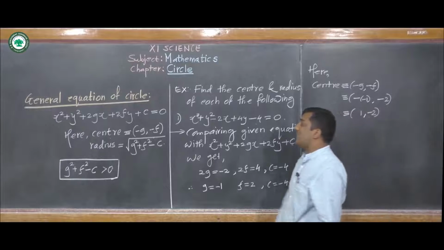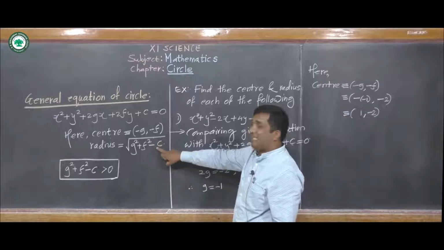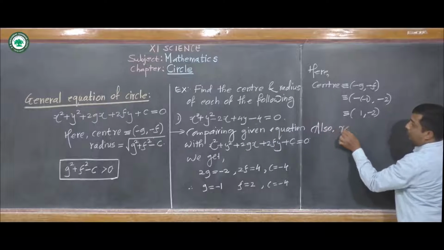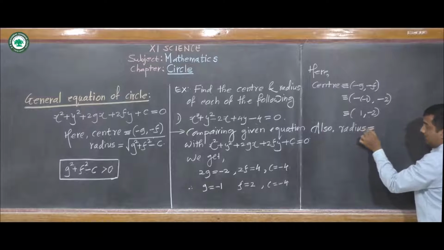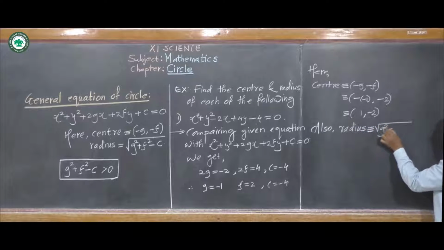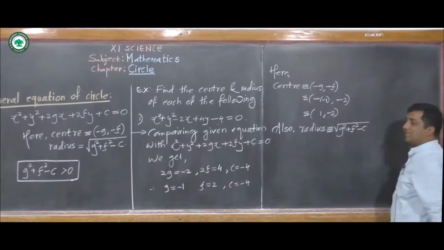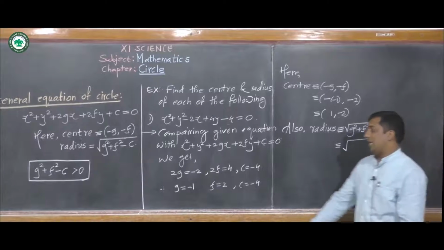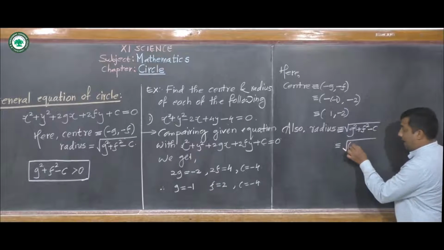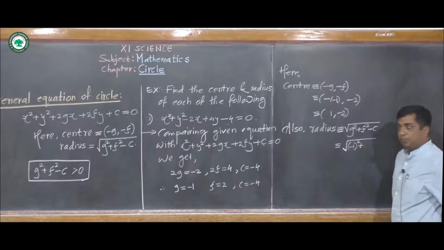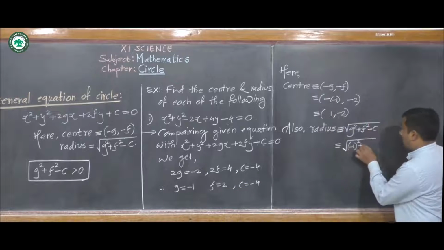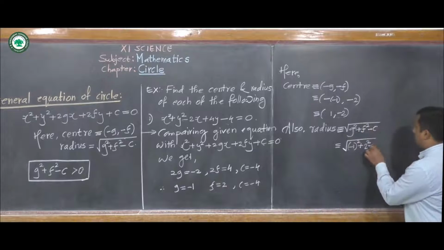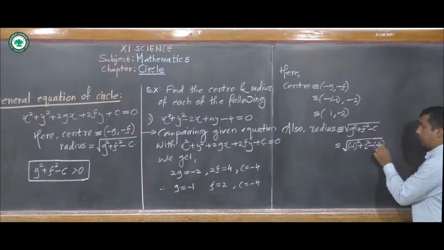Now we go with our next part. We have to find the radius by using the same formula. The radius is equivalent to the square root of g square plus f square minus c. Inside the square root, we know g is minus 1, so minus 1 square, plus f is 2, so 2 square, minus, here c is minus 4, so minus of minus 4.